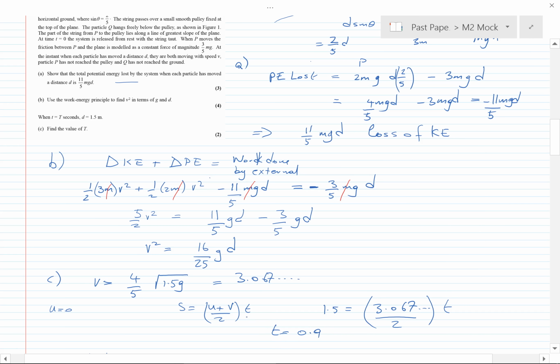Let's use big T because I've used big T in the question. That's the particular value of T when it's gone 1.5. So 0.978. Okay, so that is the third question.